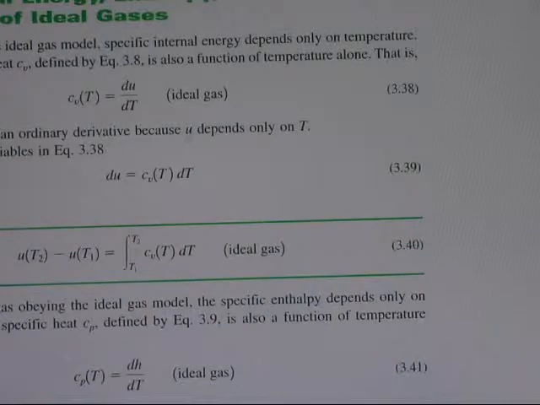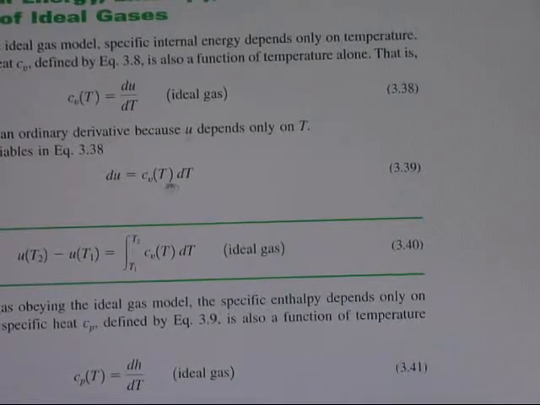Now, for the internal energy and the enthalpy of the ideal gas, the specific heats CV(T) and CP(T) are needed.